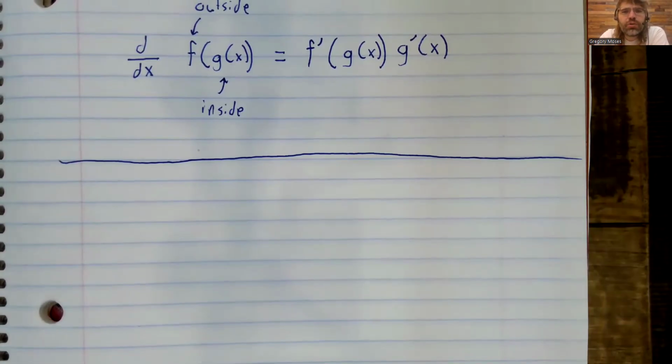And we're kind of limited in the examples we can do because we're pretty limited in the derivatives we know how to take. We know how to take the derivatives of power functions, and of things built up from power functions like polynomials.